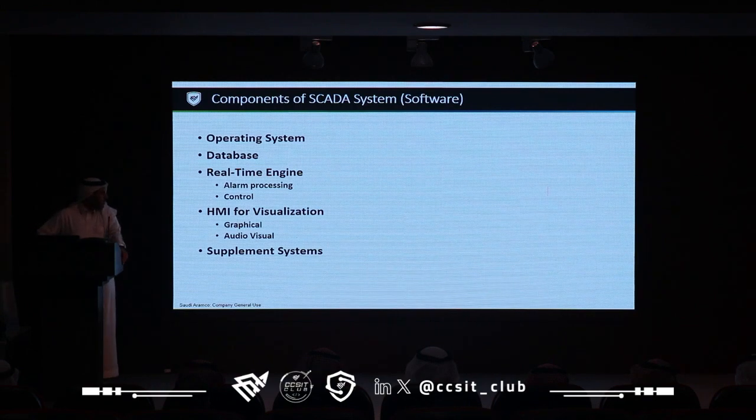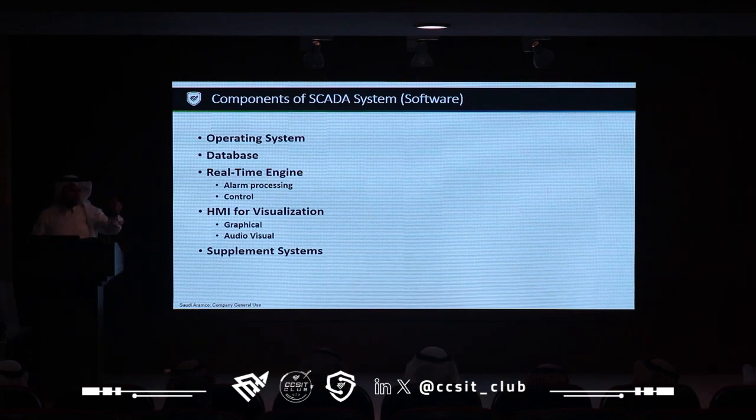Also, we have the final interface for a user, the HMI interface, for visualization. It's graphical and audio-visual. We have audio alarms. It will sound in the hall. If there is an alarm, it will give a sound, and based on the alarm severity, a different sound.